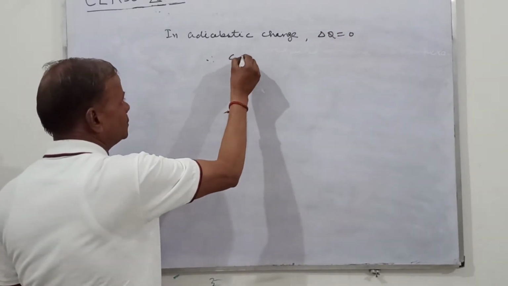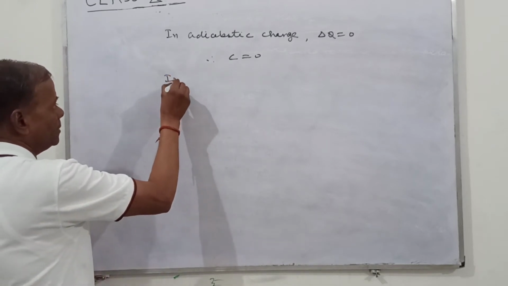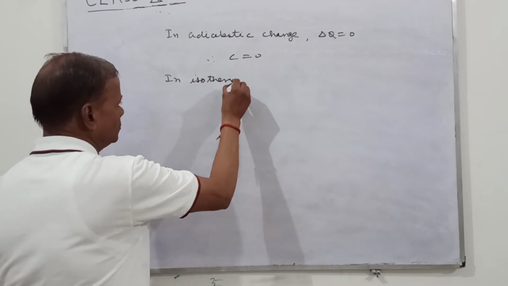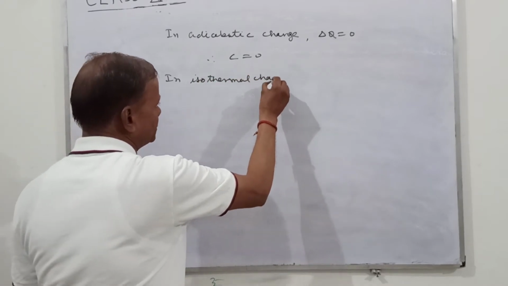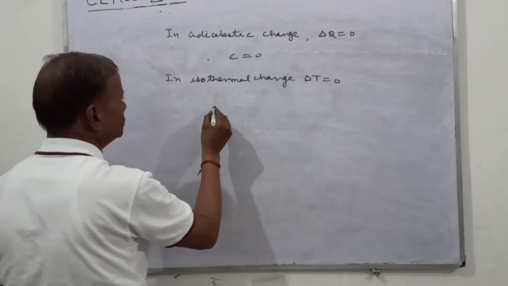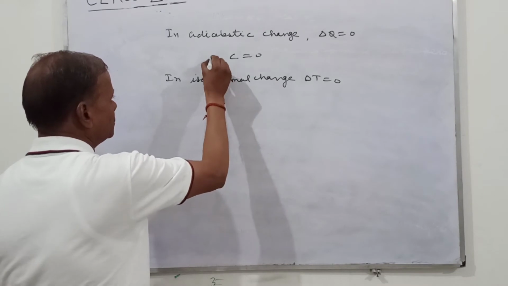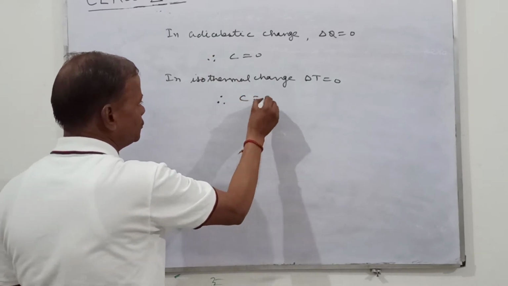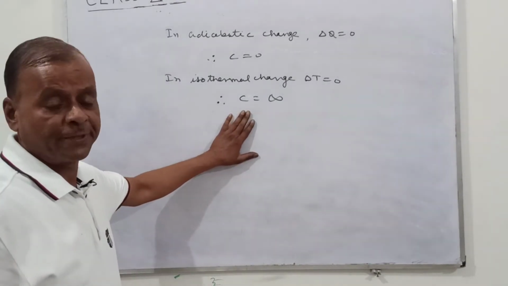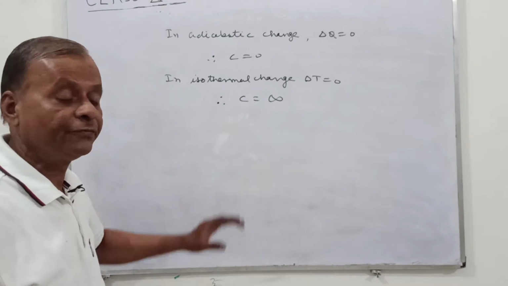Therefore, C equal to 0. In isothermal change, delta T equal to 0. So C equal to infinity. It means that the specific heat of the gas varies from 0 to infinity.